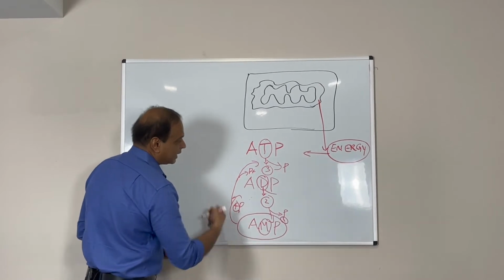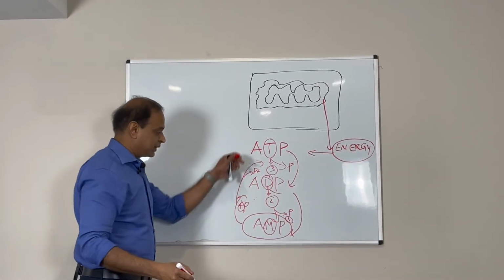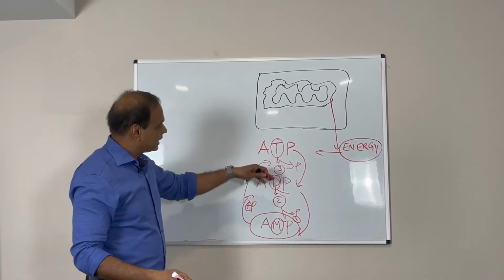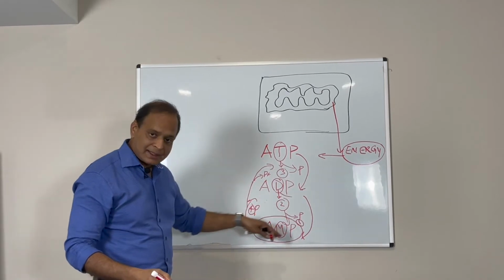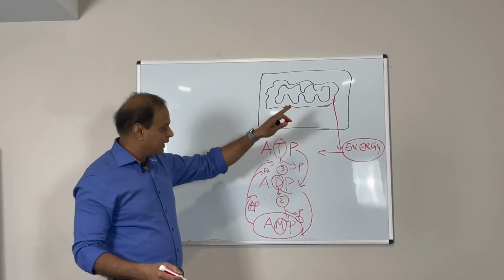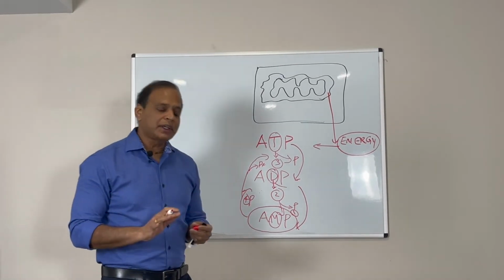So this cycle continues, and this is how it normally works. Whenever there is more energy, it doesn't do that. Whenever there's less energy, it keeps going back in cycles. It's a recycling process that happens in the mitochondria.